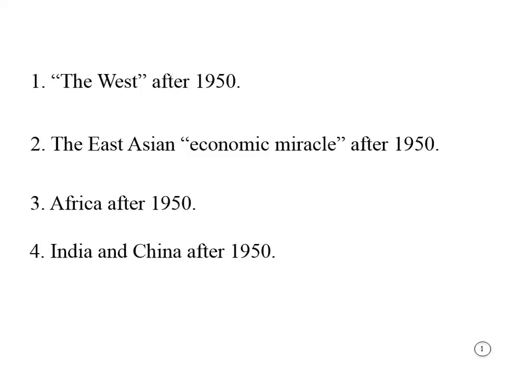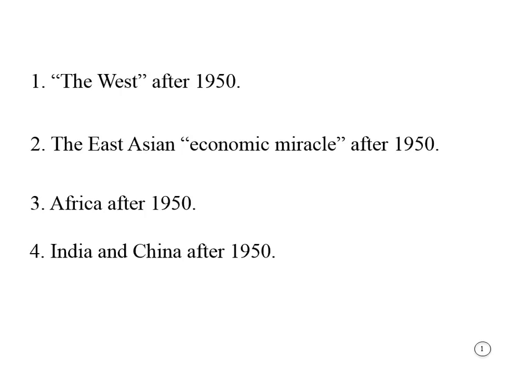My lecture is divided into 4 parts. I deal with 4 different regions and countries. The first one is what happened to the West after 1950. The second one is the marvelous story of the East Asian miracle after the Second World War. The third one is Africa since 1950, and the clichés about this topic.